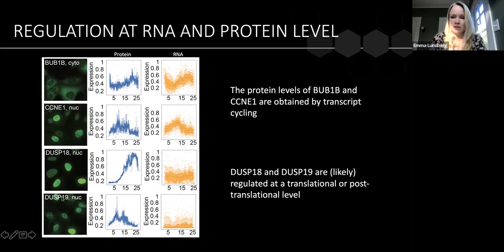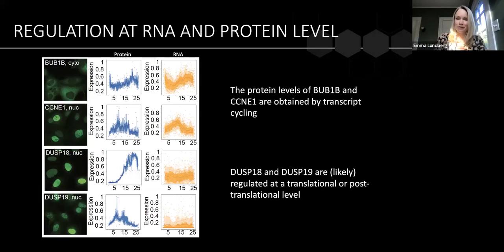But at the bottom here, you see two phosphatases, DUSP18 and DUSP19, where previously there was nothing in the literature about them being involved in proliferation or cell cycling in any way. And we saw these striking temporal profiles at the protein level, but a flat line at the RNA level. So here we would hypothesize that DUSP18 and DUSP19 are likely regulated at a translational or post-translational level.